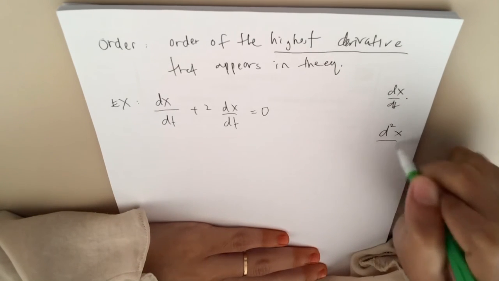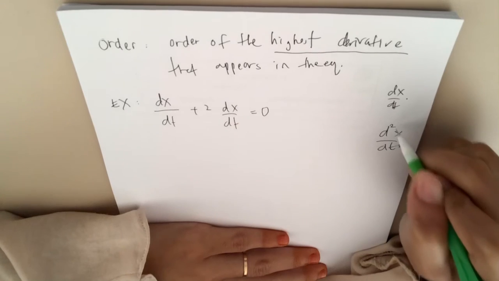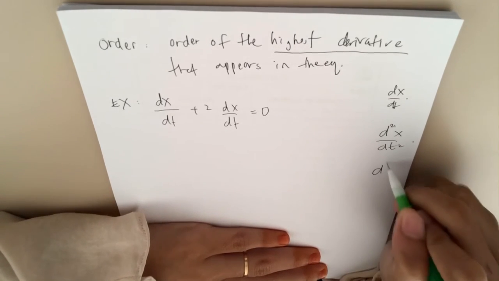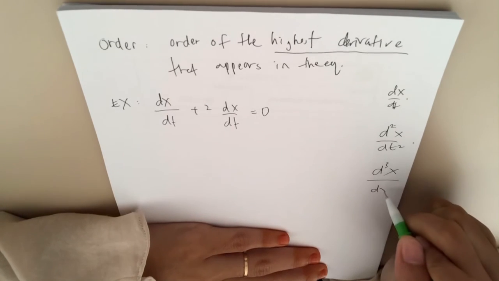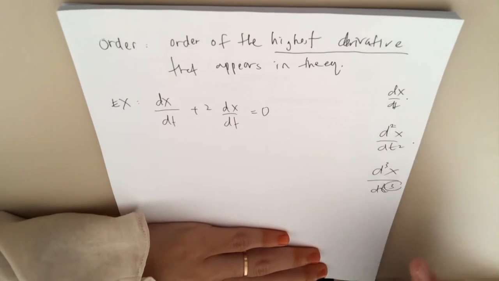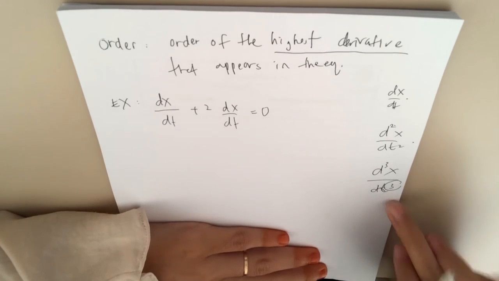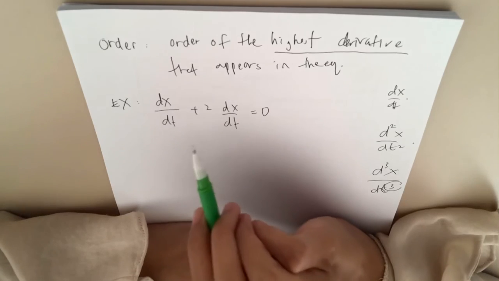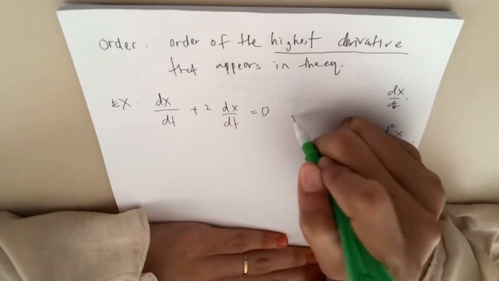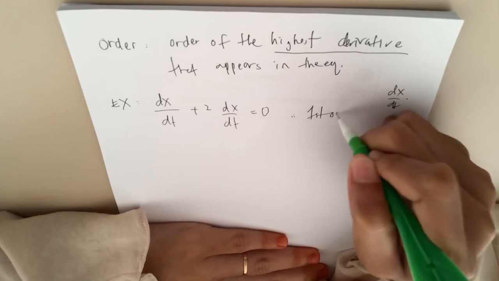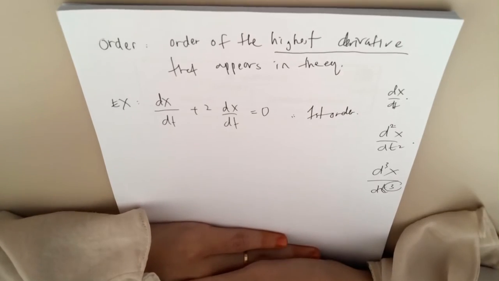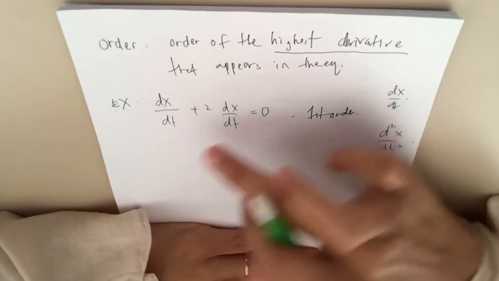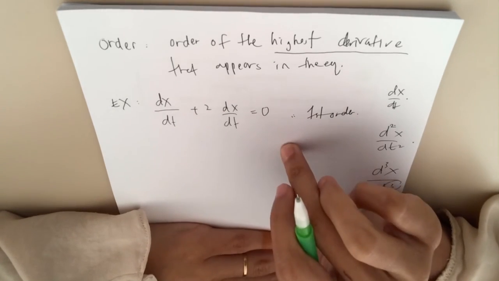If d square x over dt square, this is the second derivative. If this is d cube over dt cube, this is the third derivative. So for this equation, these two involve only one derivative. Therefore, this is first order, because the highest derivative involved in this equation is only one.